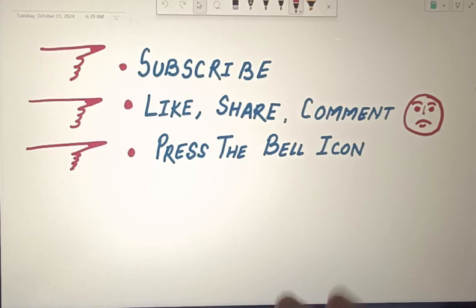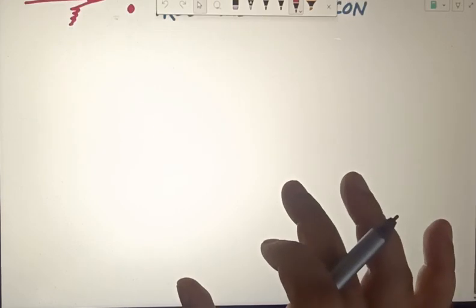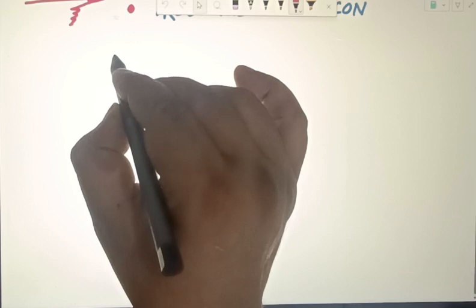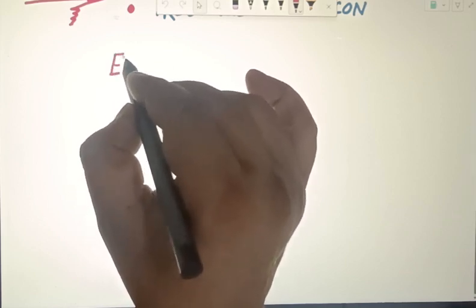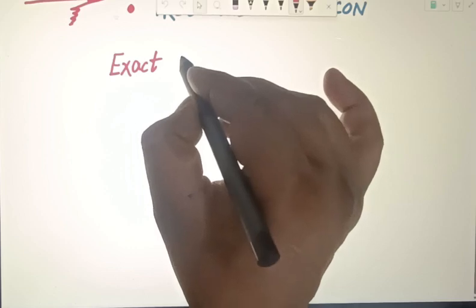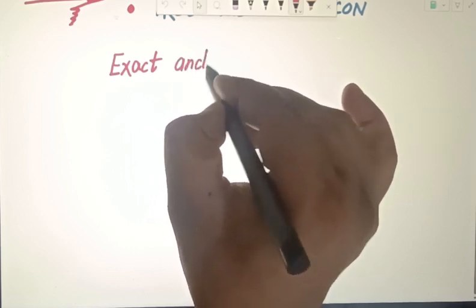So guys, we will start with exact and approximate numbers. First of all, I will introduce exact and approximate numbers.